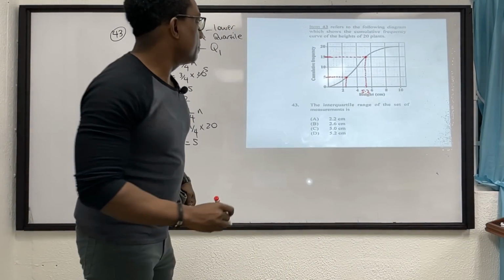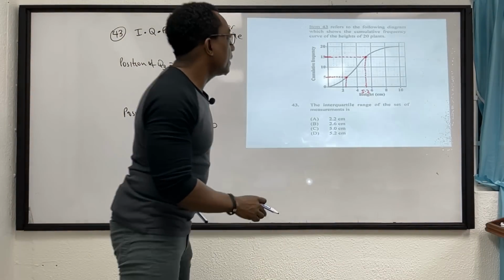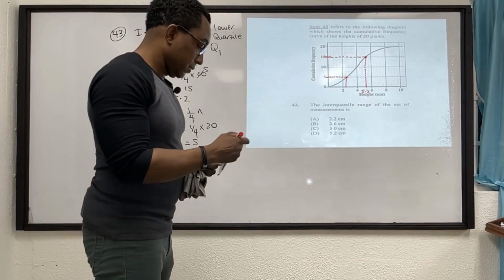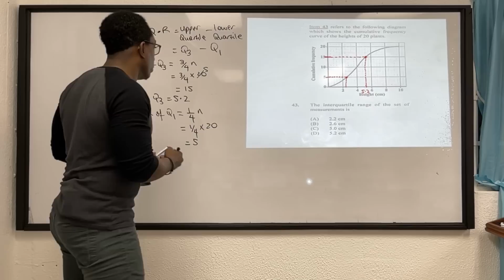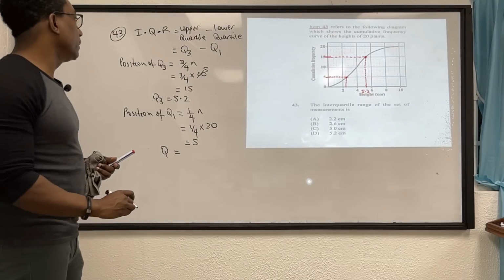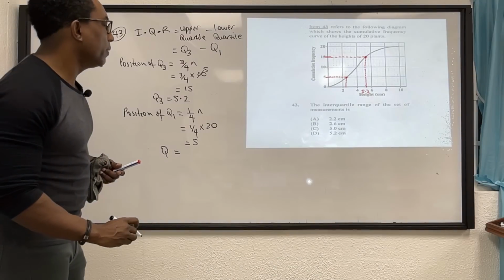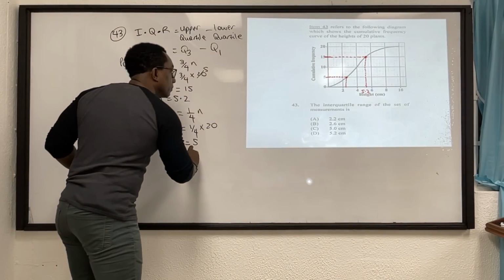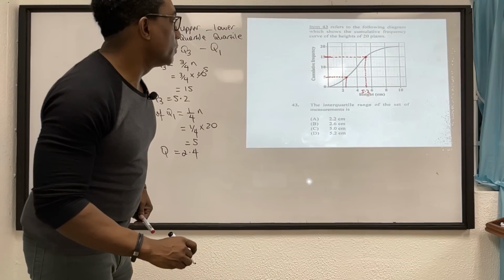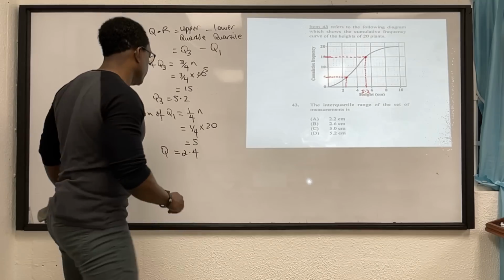If this is 2, that looks like about 2.4, so the lower quartile Q1 will be about 2.4, or about 2.45.